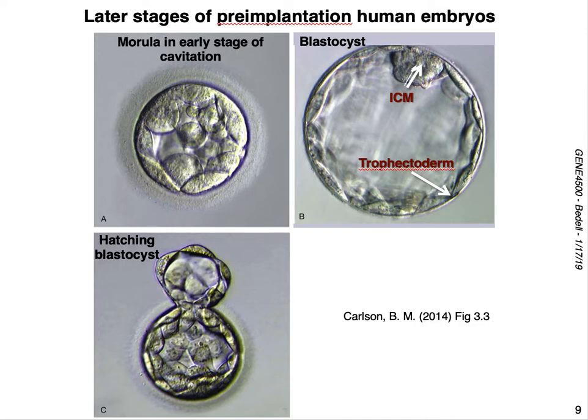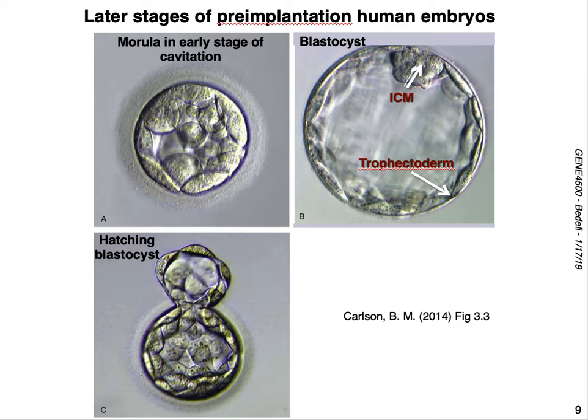But going beyond that, we can use these pre-implantation embryos to determine totipotency versus pluripotency. Pluripotency and totipotency are terms that you'll learn when we talk more about stem cells. Pluripotency is the ability to form all the embryonic lineages.